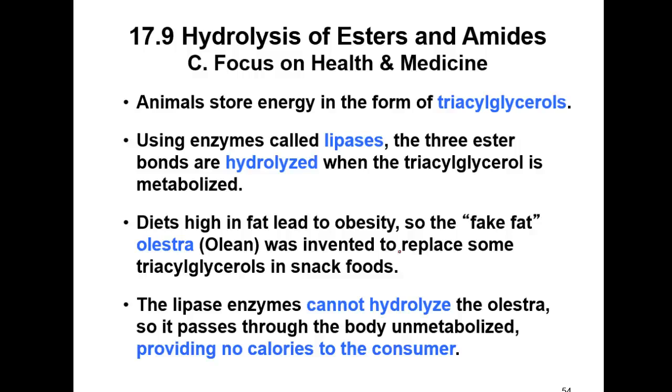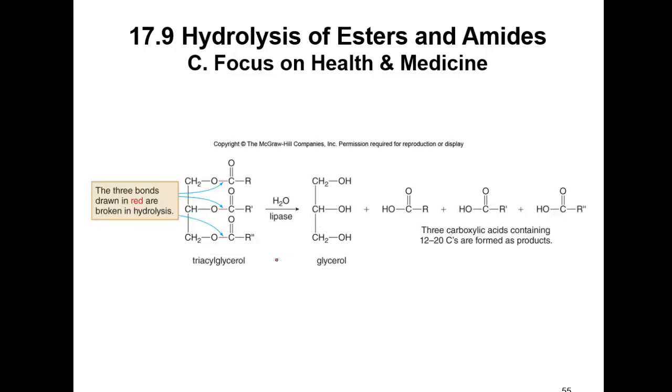All right, so the lipase enzyme cannot hydrolyze the Olestra, so it passes through the body, providing no calories to the consumer. So you still have the fat, but it had no calories, but you had to run to the bathroom quite a bit. Sorry for the visual, but that's kind of why it's not used anymore. But pretty much lipase, an enzyme, breaks these bonds right here, and you form what are called fatty acids.